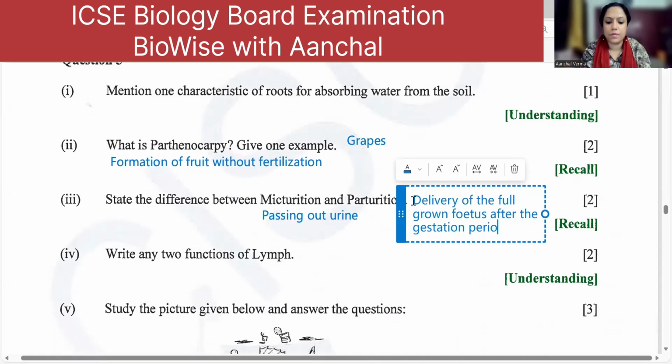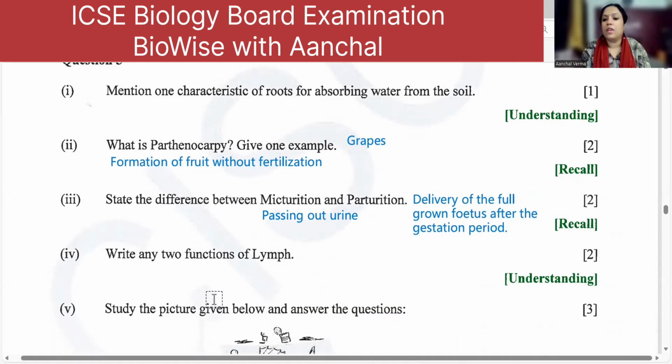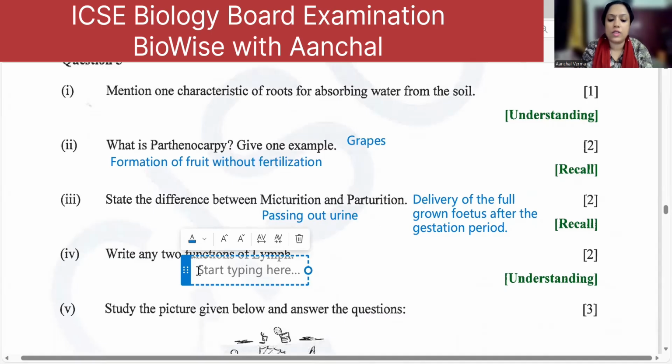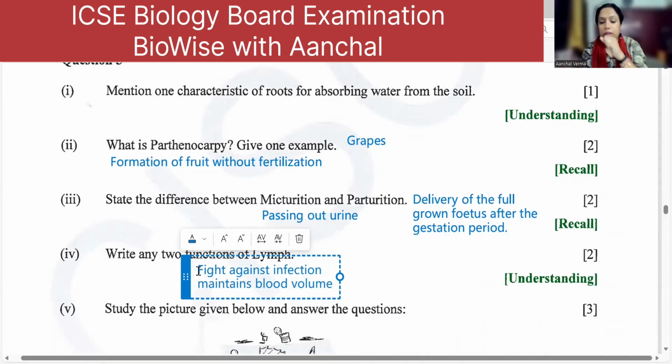Moving to the next, two functions of lymph. What is the function of lymph? It is the site for WBCs. So you can write fight against infections, maintains blood volume, and what else?